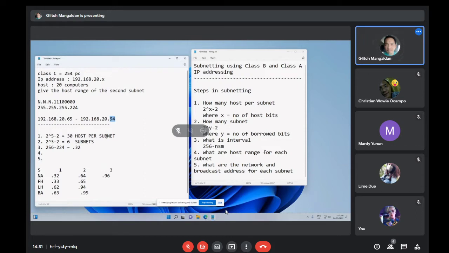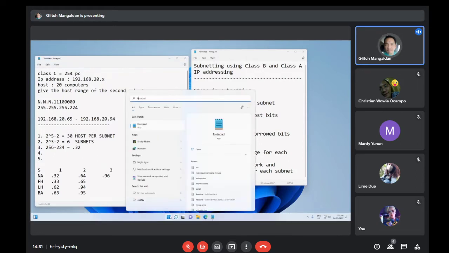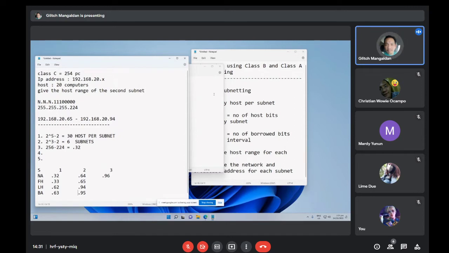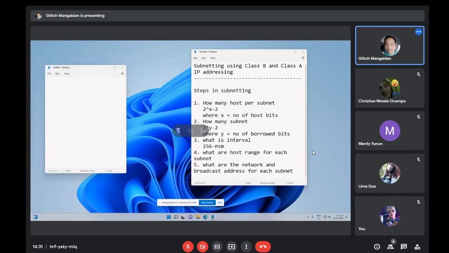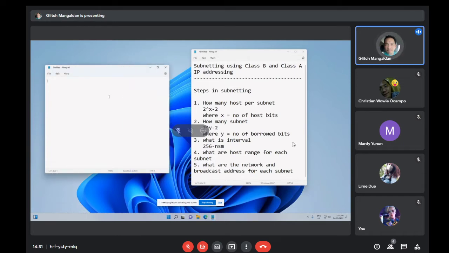Okay. Now, what if the given is like this? So, this is given number 1. I'm going to create another Notepad instance. Let's create another problem.